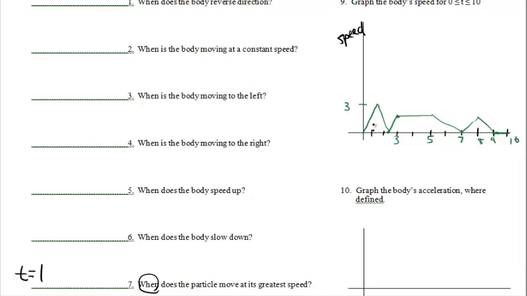At t equals 1, the particle moves at its greatest speed because you could say speed is a maximum at that time. You could say this is the greatest y value on the speed graph. A couple different choices, but you're simply choosing t equals 1 because that is the highest y value. That's it.